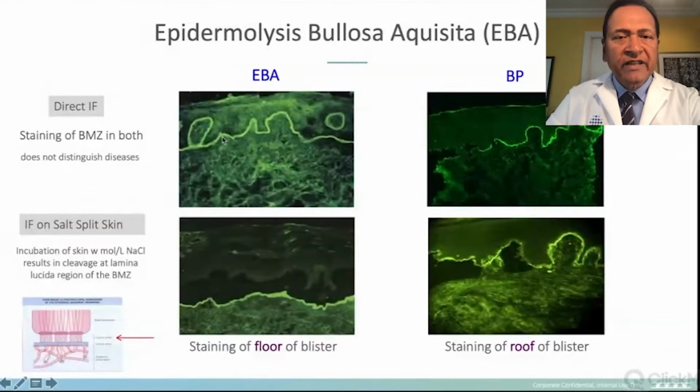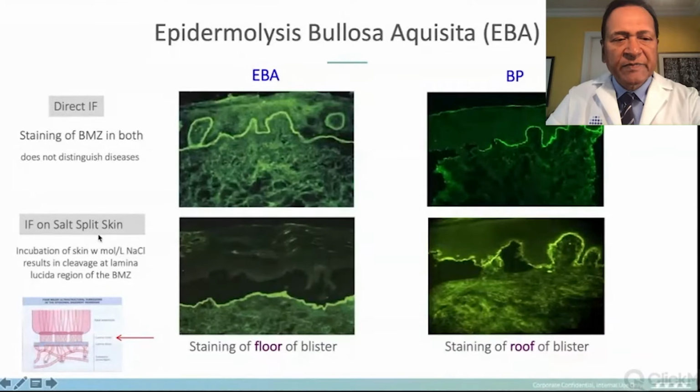On immunofluorescence, you cannot distinguish EBA from bullous pemphigoid on direct immunofluorescence because the staining occurs right at the basement membrane zone in this fashion here in the top images.